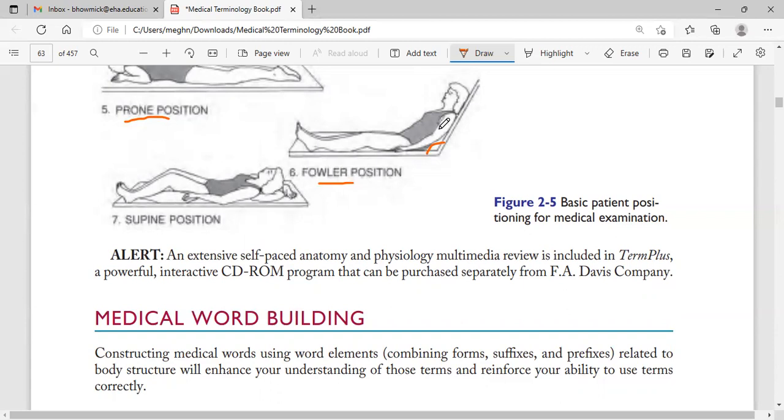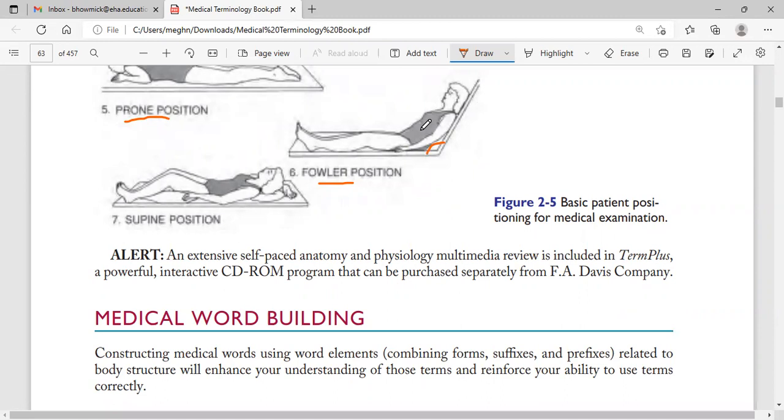An angle of 45 degrees or more we consider high Fowler. An angle of approximately 30 degrees is considered semi-Fowler. This position promotes lung expansion and is used if the patient has difficulty breathing.